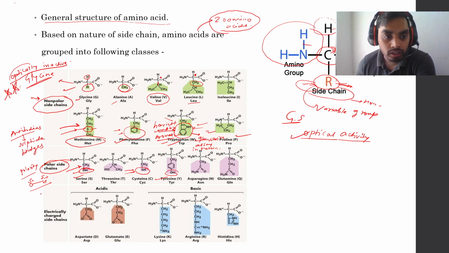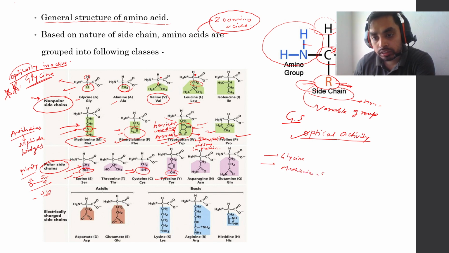OH is the functional group for alcohol. So these two amino acids contain an OH group, and these are also important to remember. So I am writing the important ones. The first one is glycine. The second to remember is methionine and cysteine.